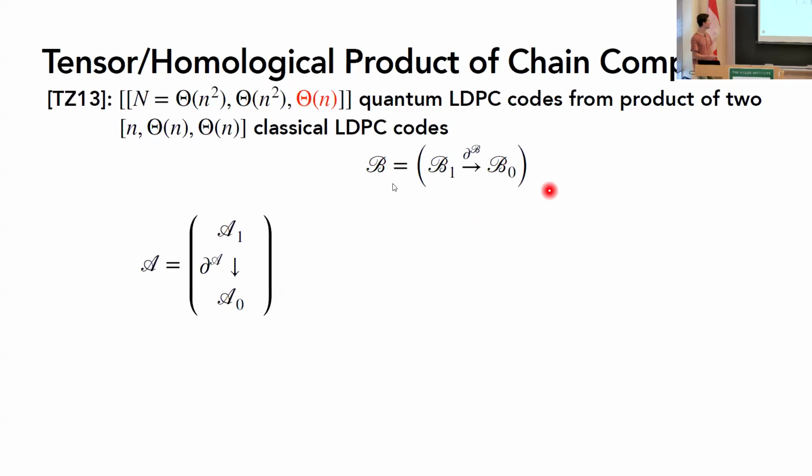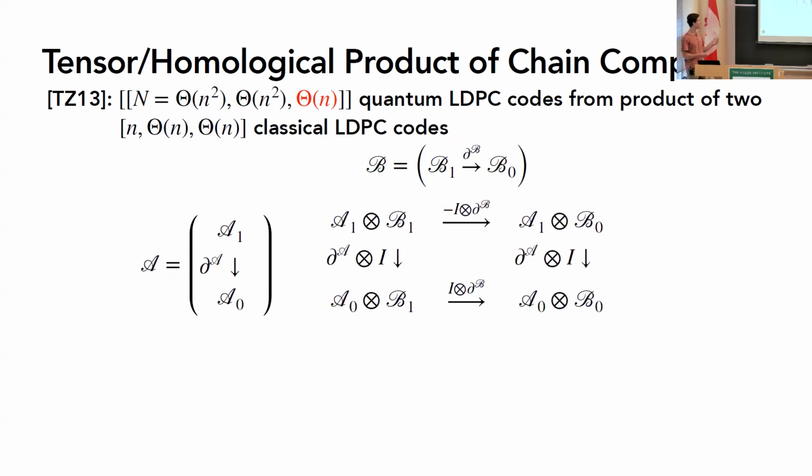So here A and B are these two-term chain complexes. The boundary maps are just the two parity check matrices for your two respective classical LDPC codes. So codewords live within A1 or within B1. So A1, A0, B1, B0 are all vector spaces here.